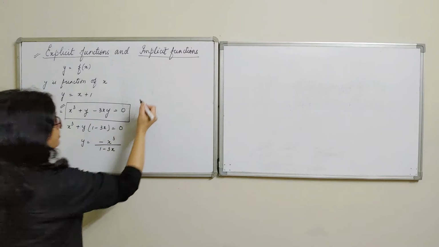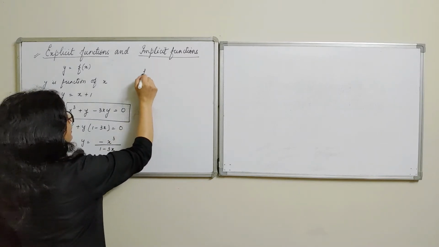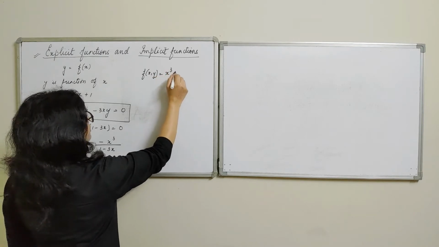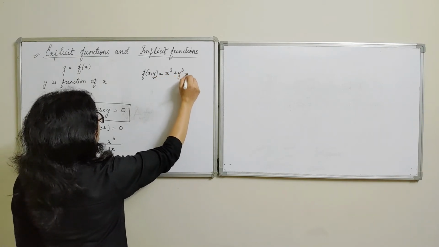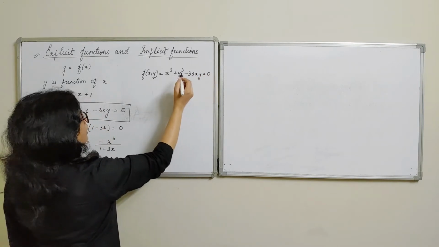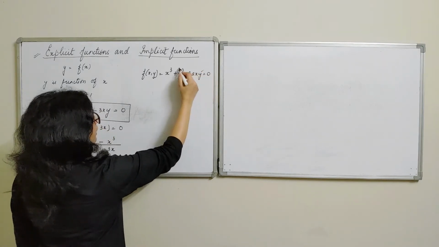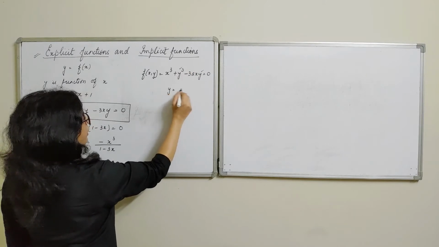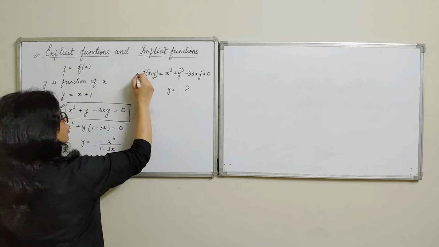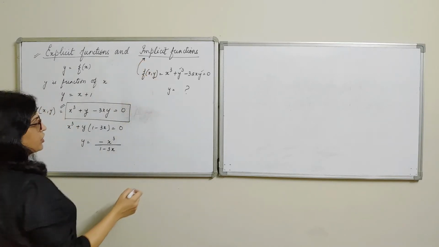Let us consider one more example here, a function of x and y written as x cube plus y cube minus 3axy is equal to 0. Now you can see here the powers of y are different, so y cannot be written as a function of x. So in this case, this function is said to be an implicit function.